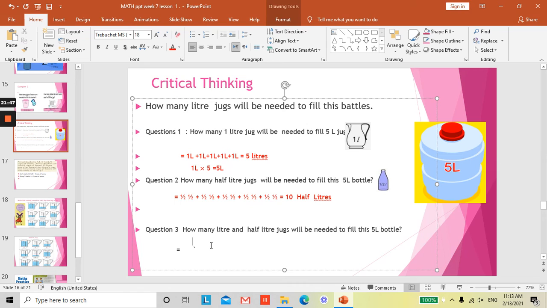Here it says, how many liters and half-liter jugs will be needed to fill the 5-liter bottle? So here it is easy because you have done it already. We are going to take the first one.